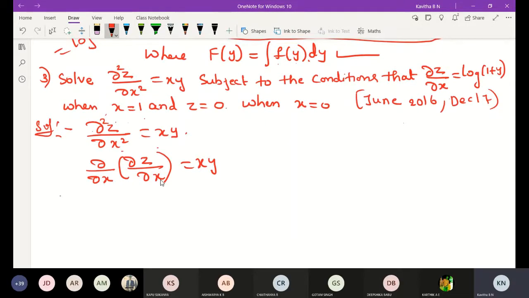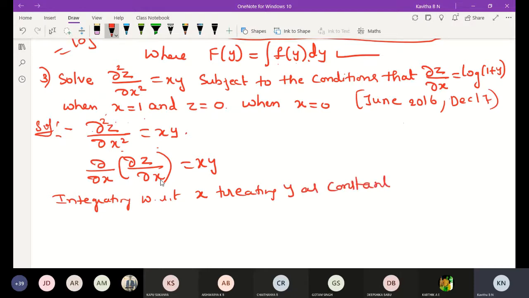Then next, integrating with respect to x. Okay, del z by del x is there, no? We have to integrate with respect to x here, treating y as a constant.